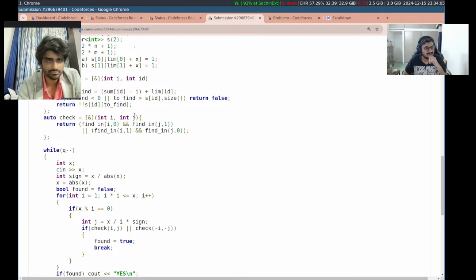The way check works is a little complex, but you can basically use a set. It is a sort of optimized version of that. I used a vector instead of a set, so that can make it a little complex. But if you go to the inner loop of the solution, then that is pretty simple. I just check for i and j and minus i and minus j. That's it.